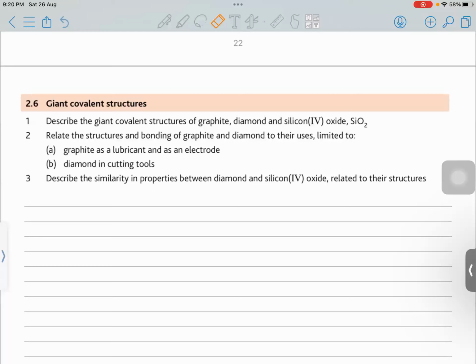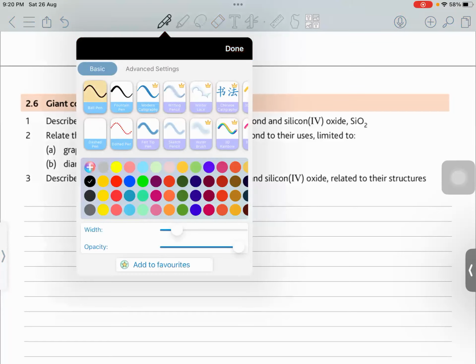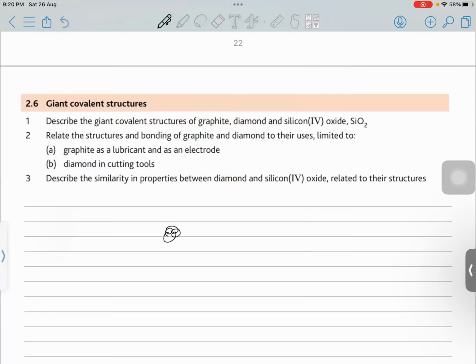So let's suppose this is graphite, just like coal. And let's suppose this is diamond. The properties of graphite and diamond both are the same as carbon, right?